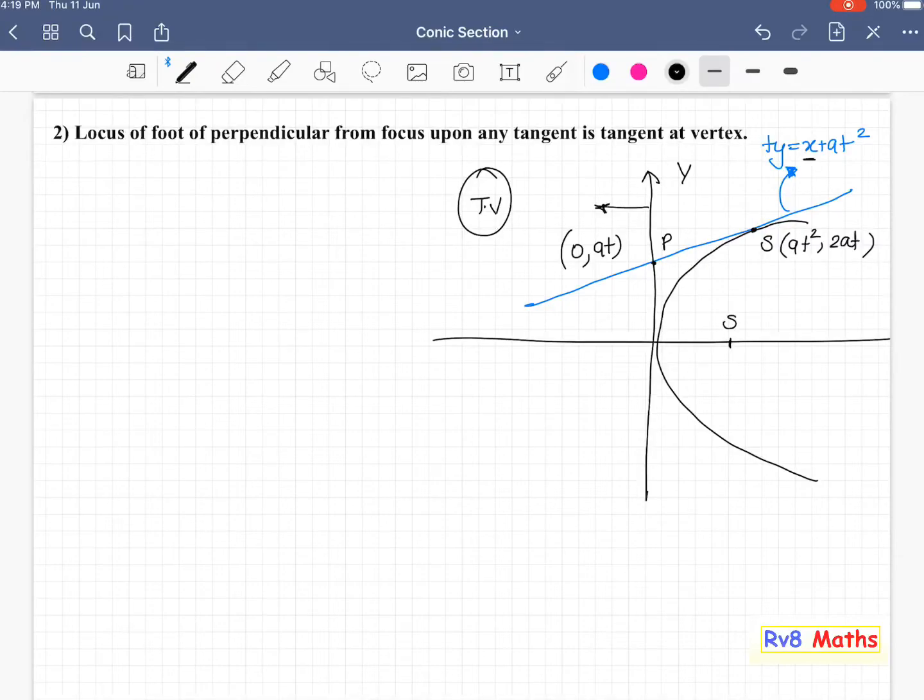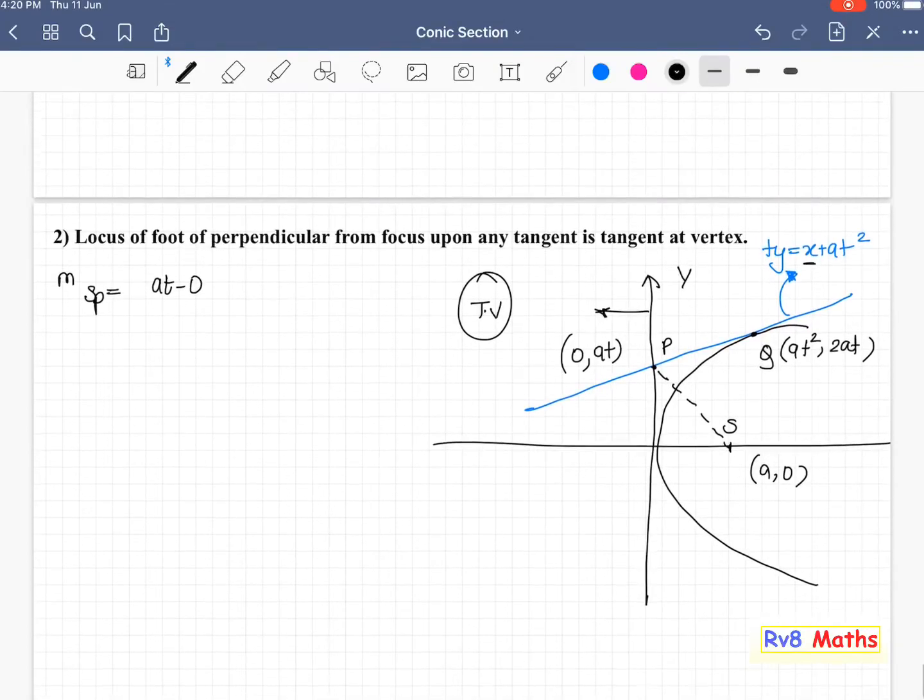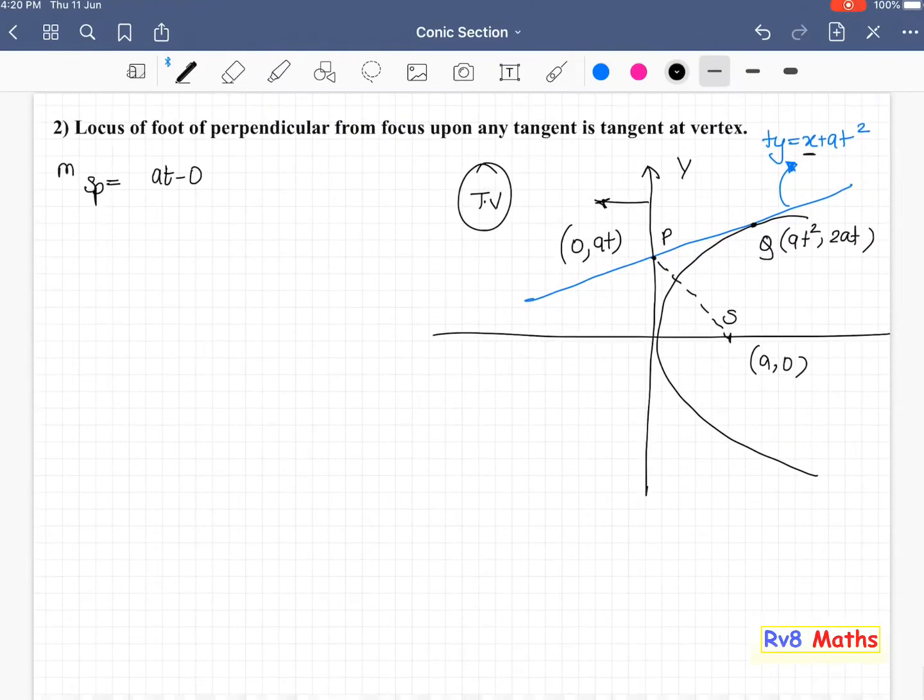Now let's consider the focus. Let's name the focus as S and this point be Q, which is a comma 0. So what is the slope of SP? If I calculate the slope of SP by the two-point form, I get at minus 0 upon 0 minus a, that is at upon minus a.